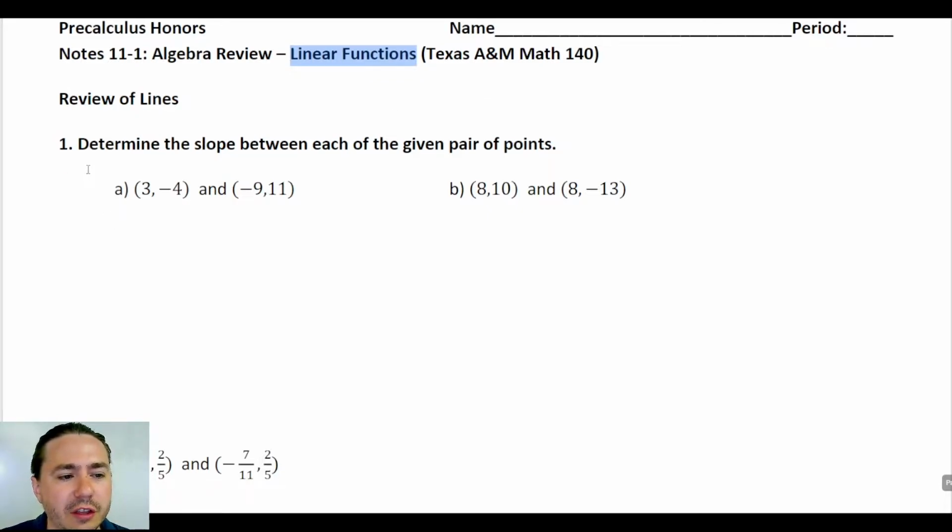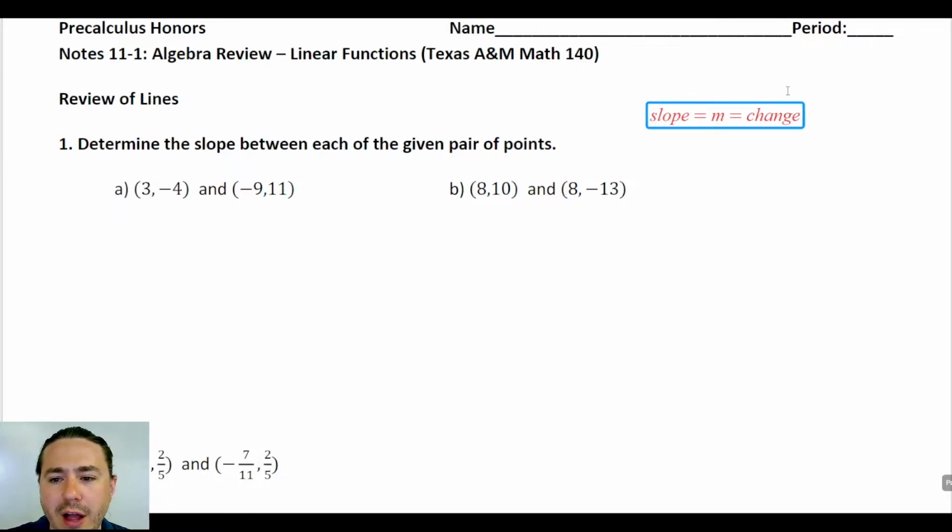So these first kinds of problems that we're going to answer are going to be trying to find the slope of a linear function. Whenever you're trying to calculate the slope, it is commonly notated using the letter m. And the way I like to think about it is like the change in y over the change in x.